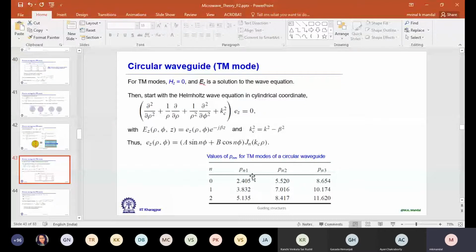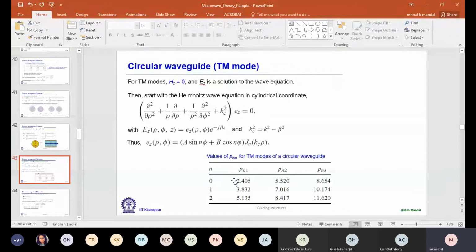Now look at the values. If I look at the values, then n equal to 0 and m equal to 1 provides the lowest order TM mode in a circular waveguide. So TM01 will be the lowest order TM mode.